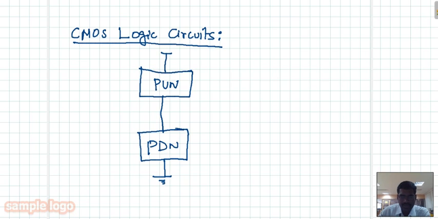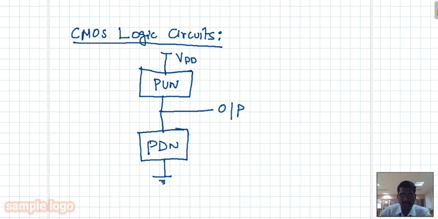The pull-up network is always connected to VDD, and the pull-down network is always connected to ground. At the midpoint of the pull-up and pull-down networks, we take the output.